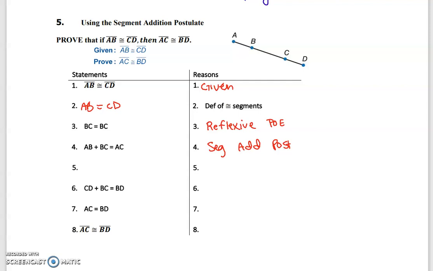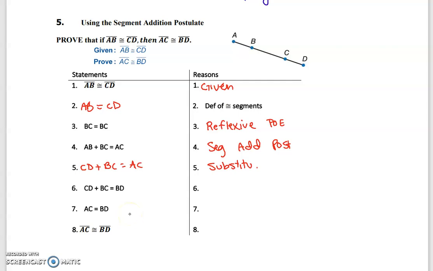So I'm going to go ahead and instead of the AB, I'm going to put a CD plus, and then this stays the same. And that's substitution, property of equality. And then we're going to be replacing AC with BD.